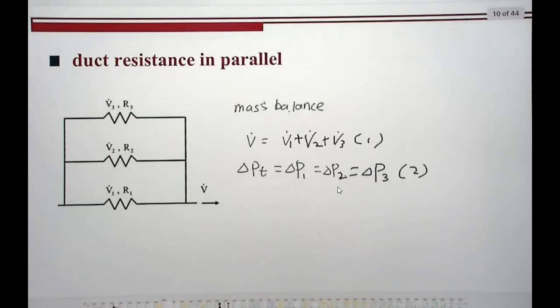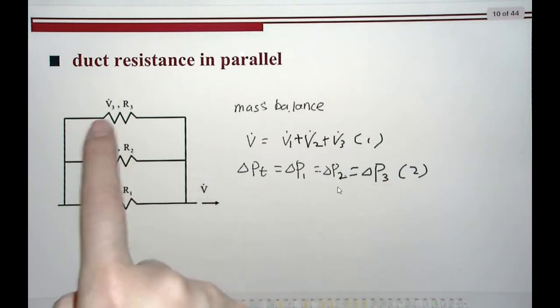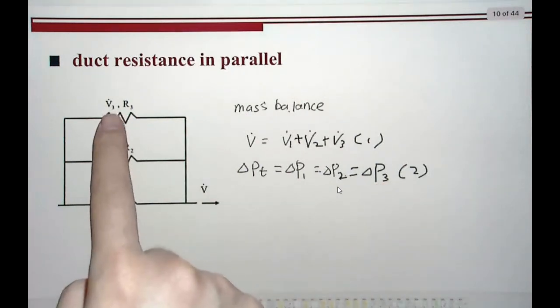So what you can further do is express this delta P in terms of the duct resistance and the flow rate. So delta P1 equals R1 times V dot 1 squared. Delta P2 equals R2 times V dot 2 squared. And delta P3 equals R3 times V dot 3 squared.